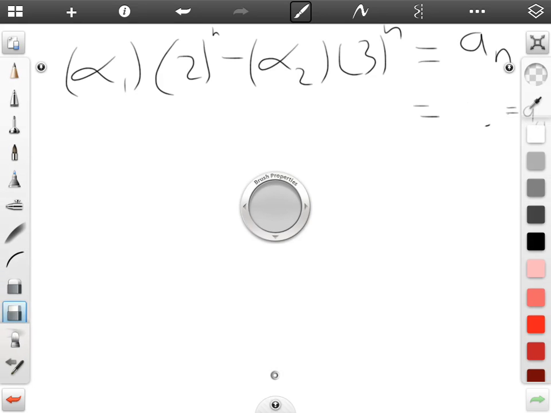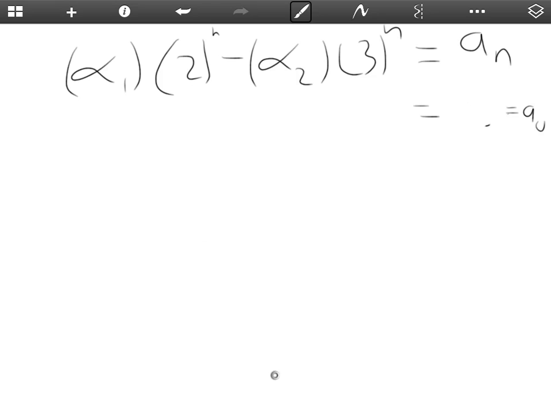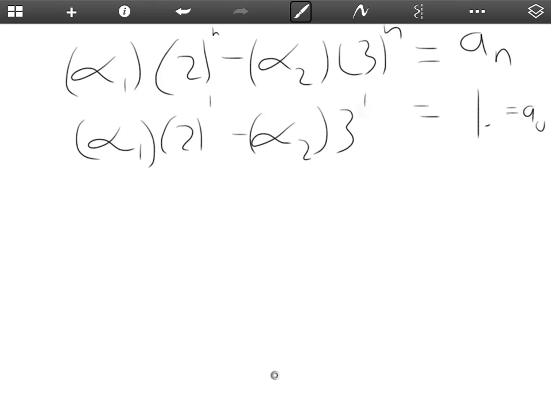So plugging that in, sigma 1 times 2 to the 0 minus sigma 2 times 3 to the 0 is equal to 1.